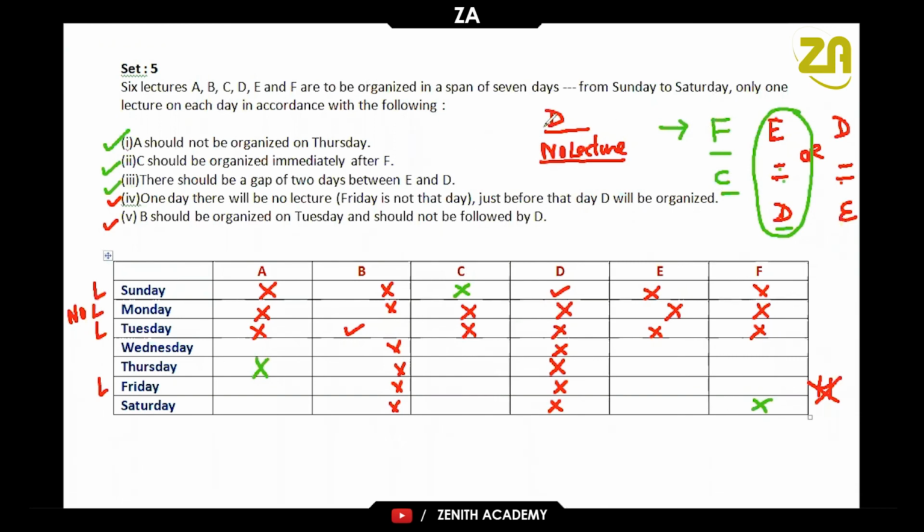Now this condition number 2 is still left. C should be organized immediately after F. Correct? Okay. It was given B should be organized on Tuesday and should not be followed by D. Okay, it's right.